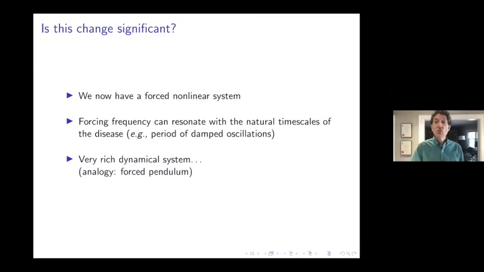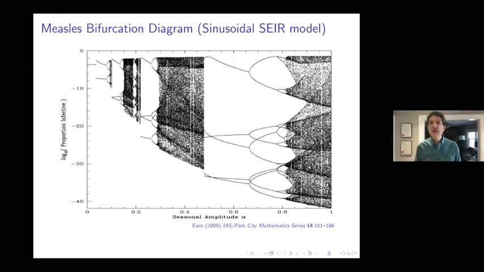Okay, so what types of behavior exactly do we see? This bifurcation diagram summarizes what we can get out of the sinusoidally forced SEIR model, parameterized for measles. On the x-axis here, we have the amplitude of the seasonal oscillations, the amplitude of the seasonal forcing, so the amplitude of that sinusoid.